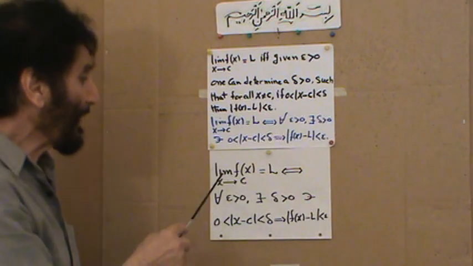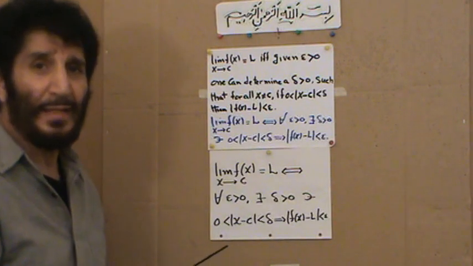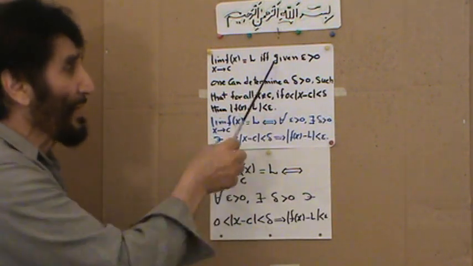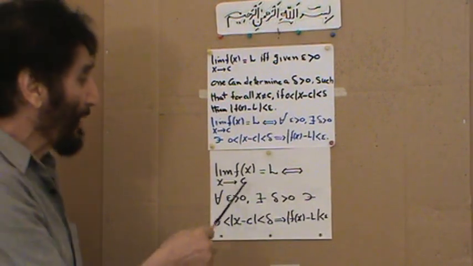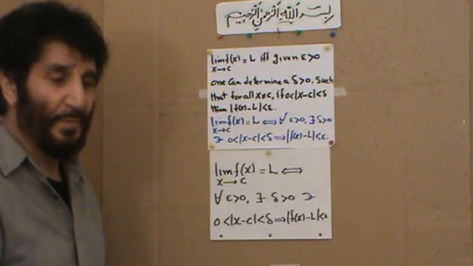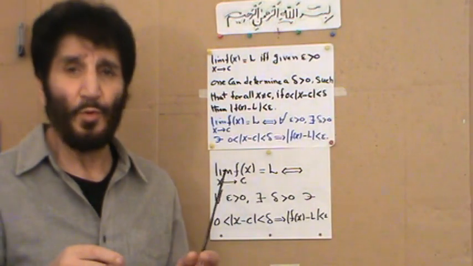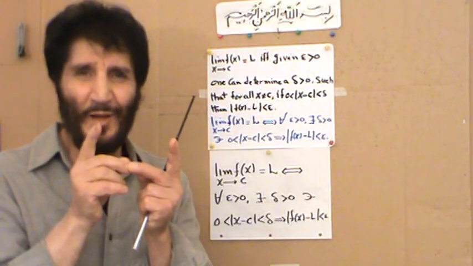Now, what I wrote here is a shorthand mathematical symbol representing exactly this definition. This shorthand representation of the definition of limit in the textbook is a little bit less than one line.